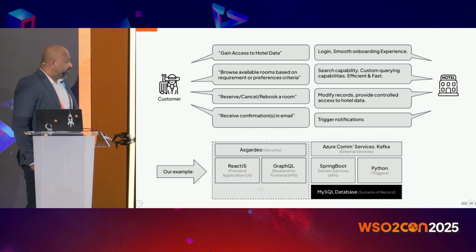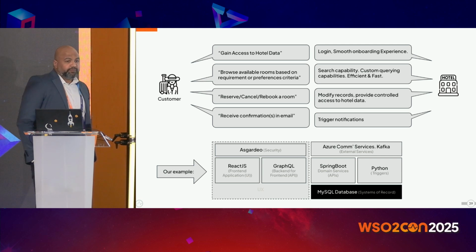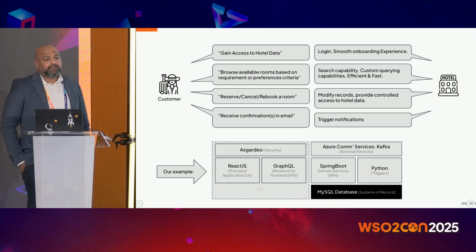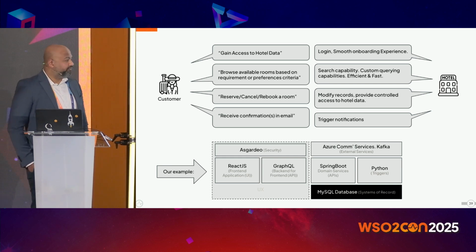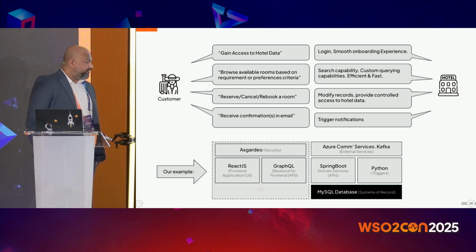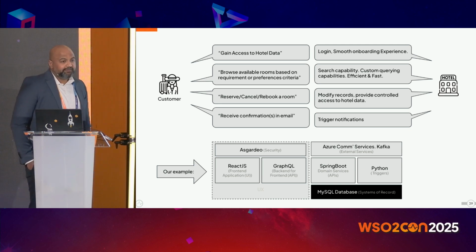And on top of that, you can see something called Asgardeo. If you remember from the keynotes, this is the SaaS-based identity and access management platform provided by WSO2. In this example, we are using Asgardeo to provide user authentication capabilities to the React.js application.